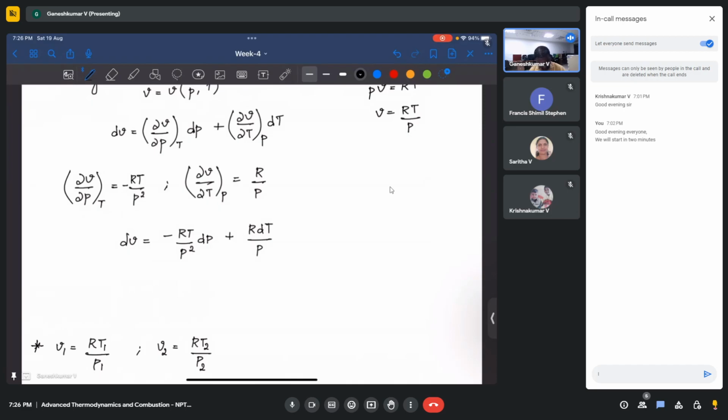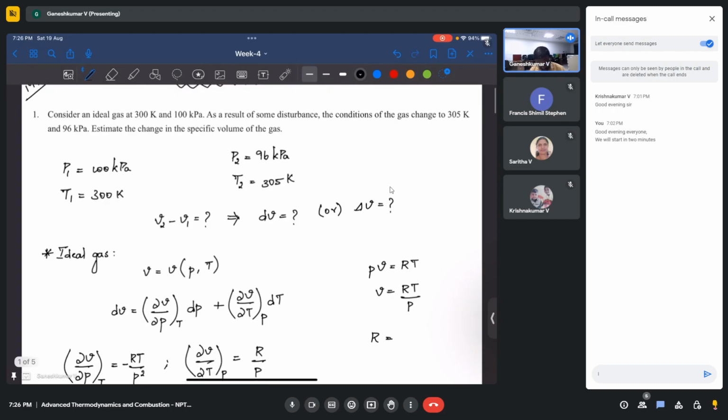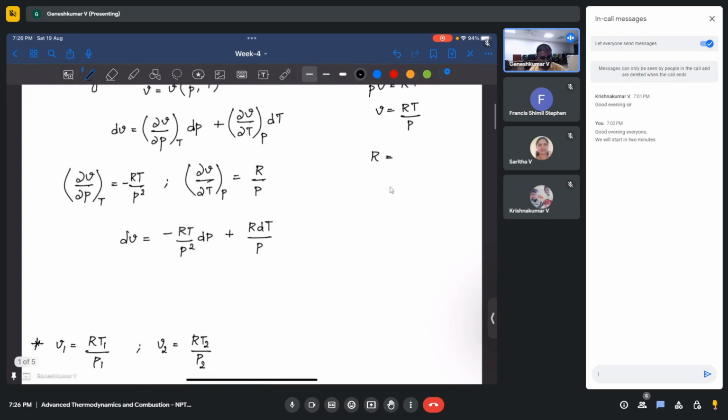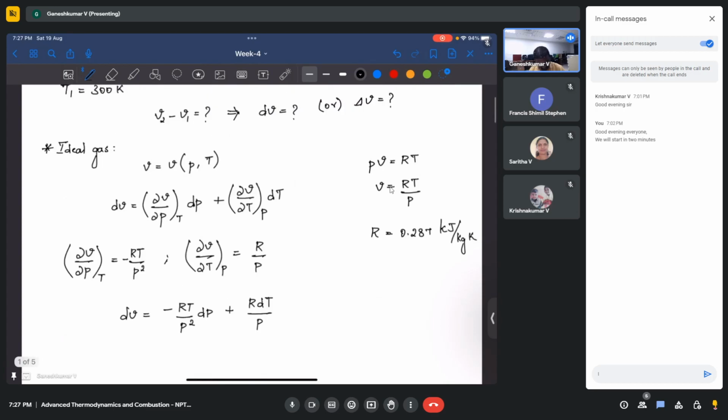And we need to know what R is. In the question, it didn't say anything about R, so for now let's consider it's air and use R equal to 0.287 kilojoules per kg Kelvin, right?